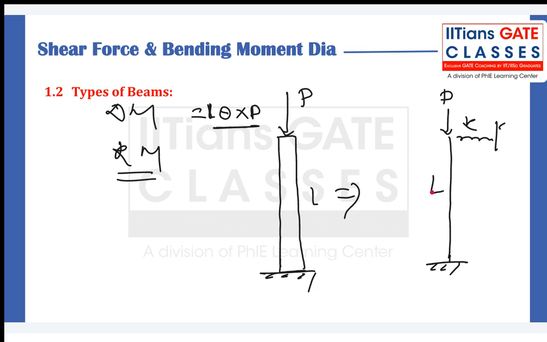Clear? Now guys, if you see, when the column gets deflected due to disturbance by some angle theta, and this is P, there are two moments, right? First, in this spring, what happened when it got deflected by L theta?